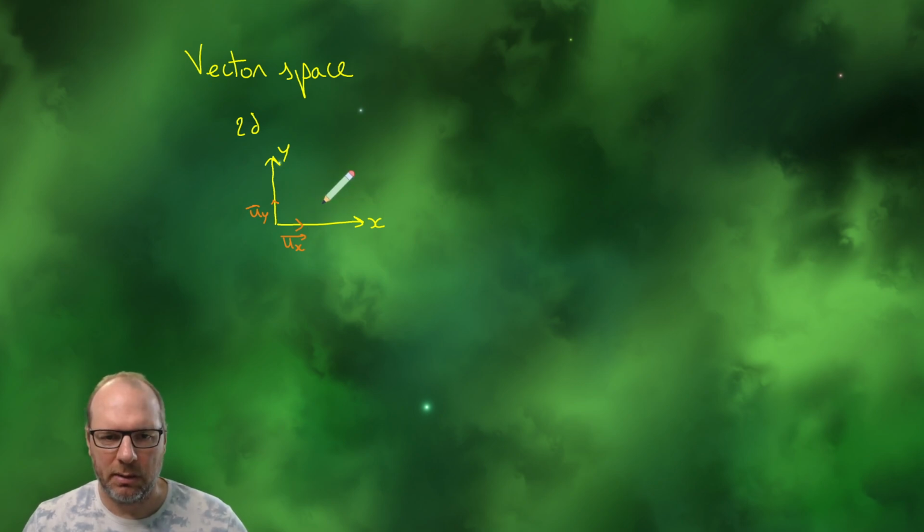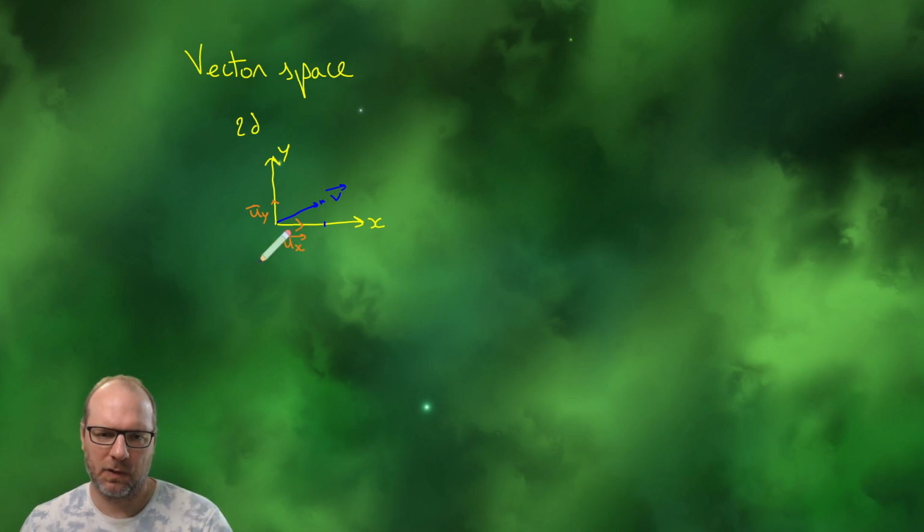And we can write vectors, for example, this one, (2, 1), we call it vector v.